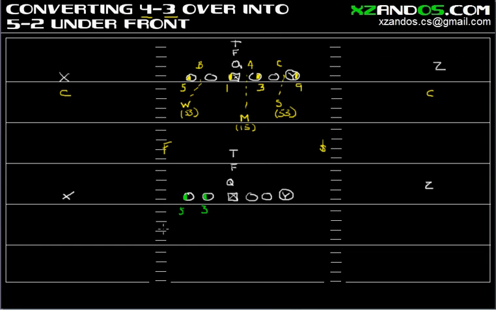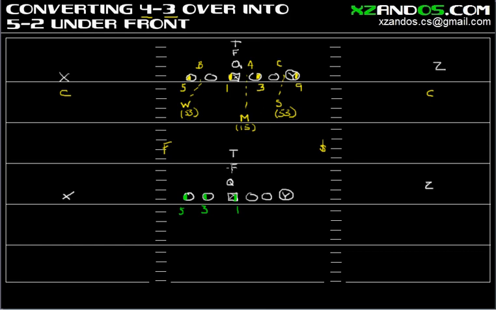I just want to pause for 1 second, and this is why I will go ahead and draw in the strong side 1 technique. This is the difference between an over front and an under front. Going up top to the top diagram, when you have a 3 technique sitting outside of the offense's strong guard, which in this case is this guard right here, when you have a 3 technique to the strong side, or he is over that guard, that is where you get the terminology of a 4-3 over front.